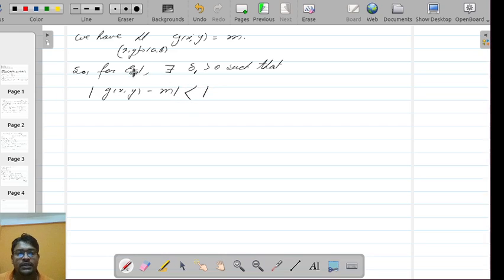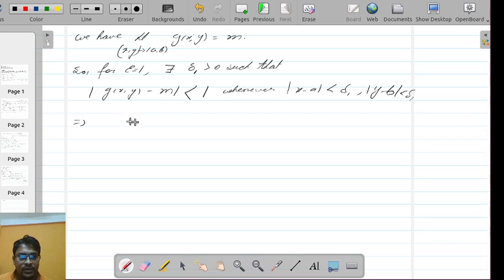We are taking epsilon as 1 because this limit is m, so we can make mod of g of xy minus m less than any positive number. In particular we can make this quantity less than 1 whenever mod of x minus a is less than delta 1, and mod of y minus b is also less than delta 1. Under this condition we can make it less.